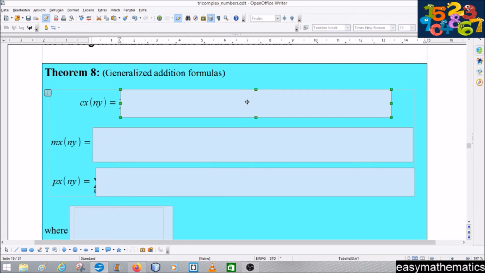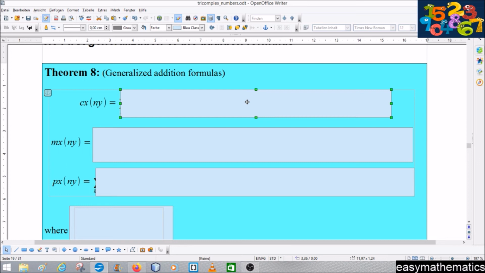And I have to say that what we can expect, like in the trigonometric case, is some binomial theorem going on. So we have binomial coefficients and mixed terms with sine and cosine and some exponents.